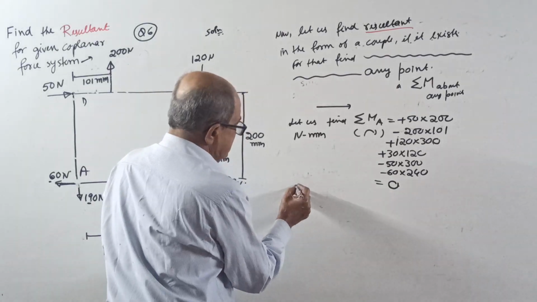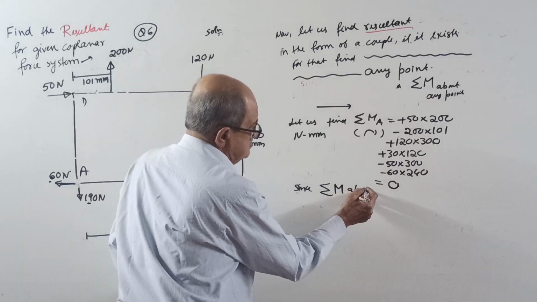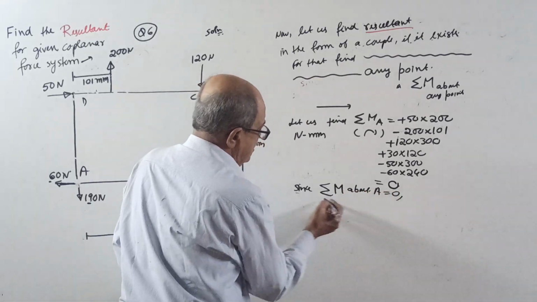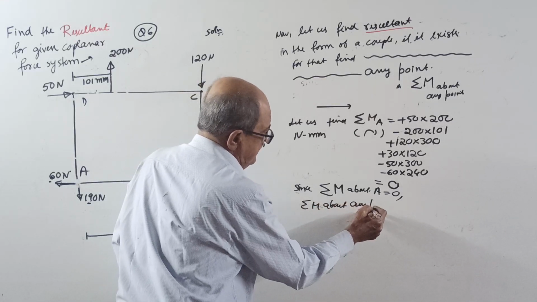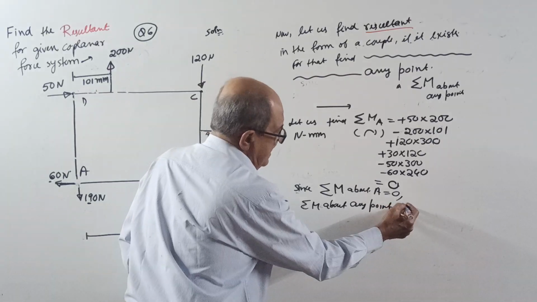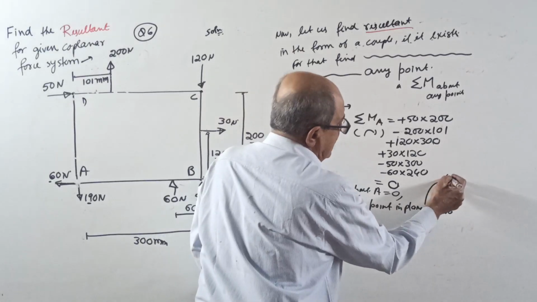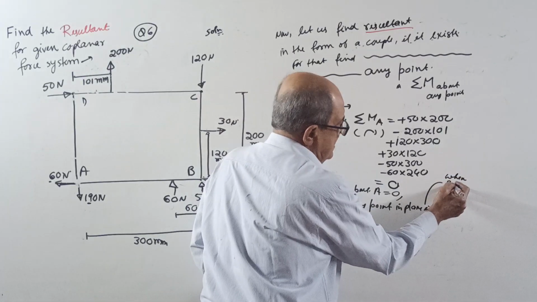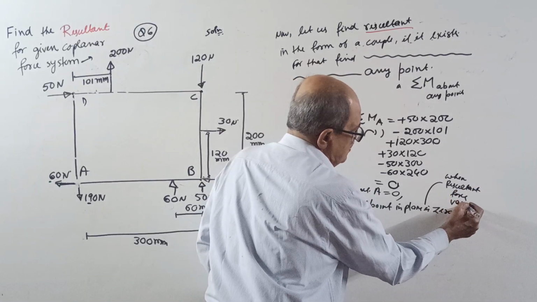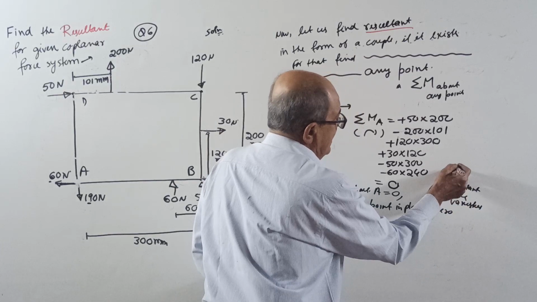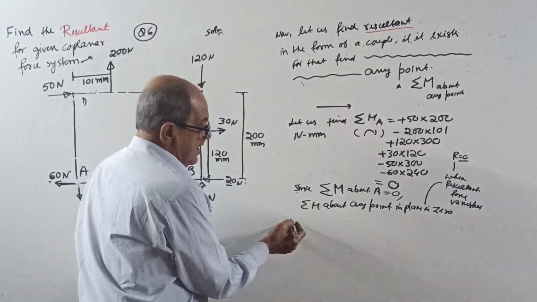Now, the statement. Since sigma M about A is 0, sigma M about any point in the plane is 0 when the resultant force vanishes, or when the resultant R equals 0. Therefore, write the statement here.